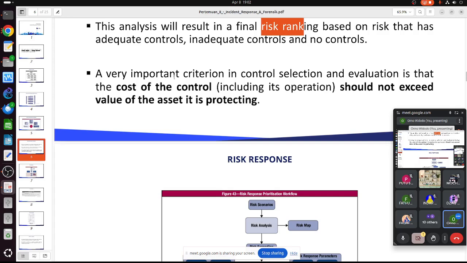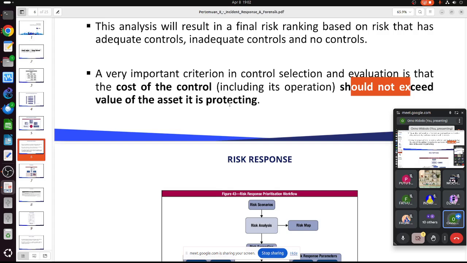Now, the important criterion in control selection is that the cost of control should not exceed the value of the asset it is protecting. That's why sometimes we accept the risk, because the value of the asset is less than the cost of controlling.